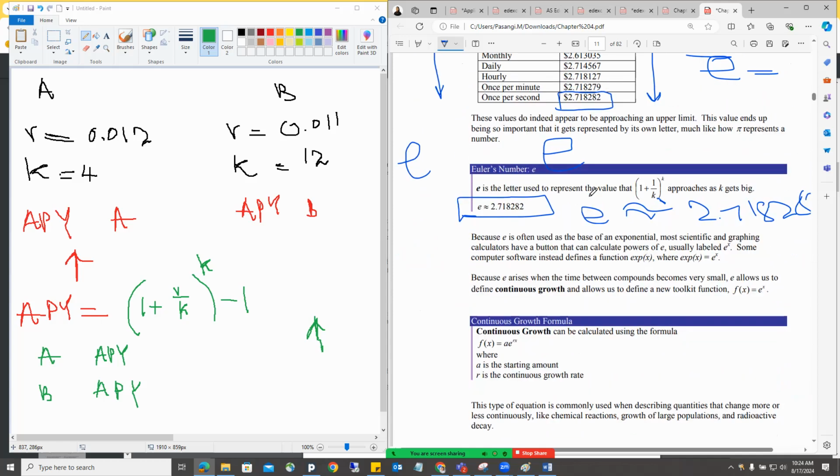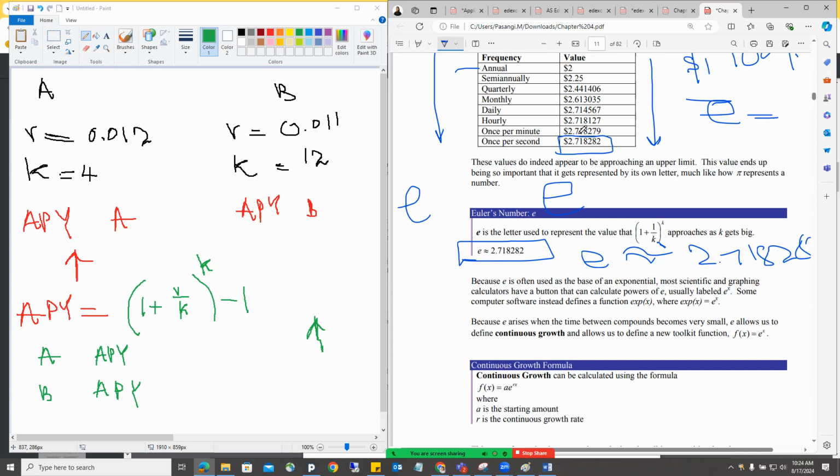Why do we have that specific number? Because for any kind of situation, for any given scenario or domain, once we increase the k, all these equations will narrow down to the value E. That's why it's a special case.